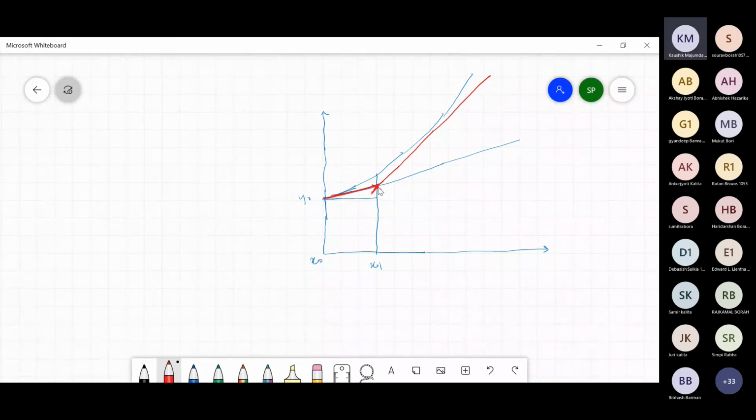Parallel to this line, I will draw this slope at the origin now. This slope I am now drawing here at the origin. Clear? Yes, sir.